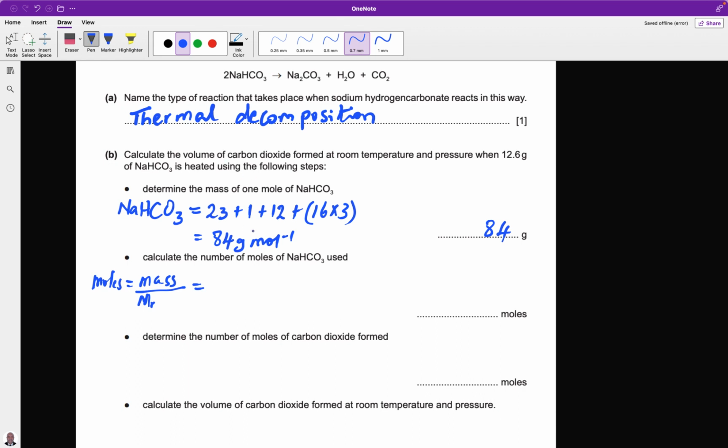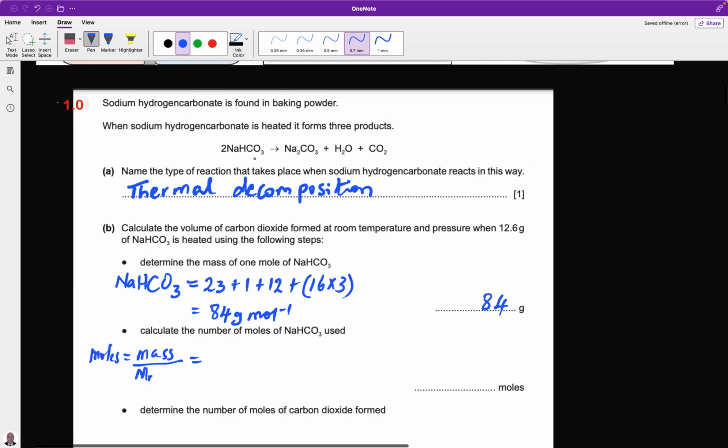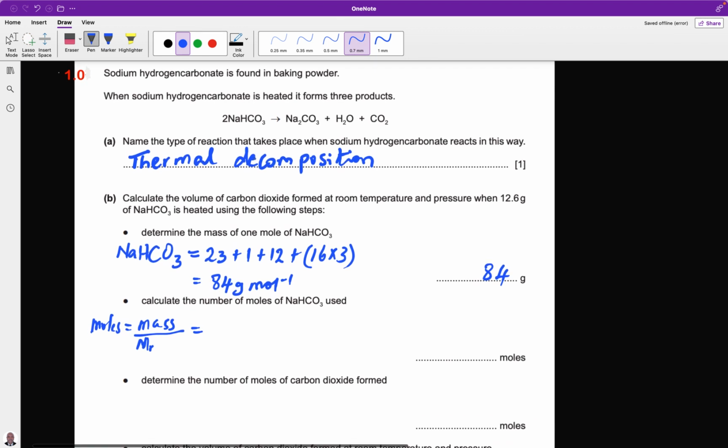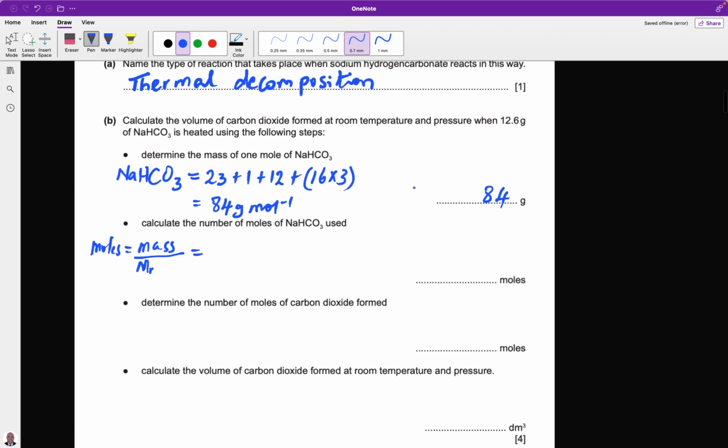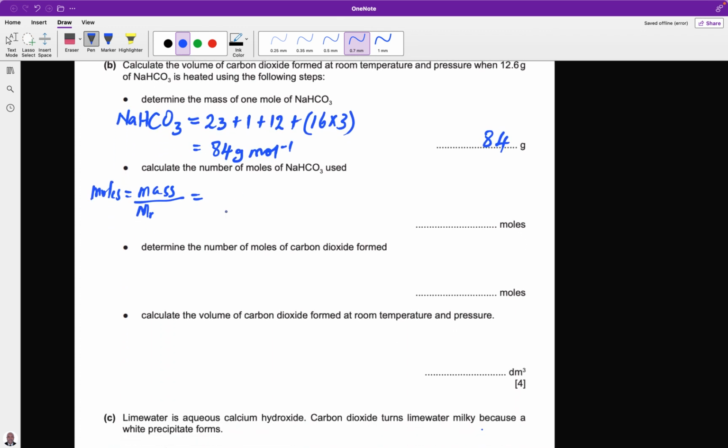What was the mass given? The mass of sodium hydrogen carbonate was 12.6 gram. So it will be 12.6 gram divided by 84 gram per mole.